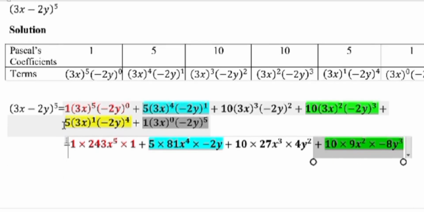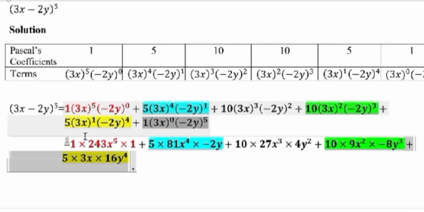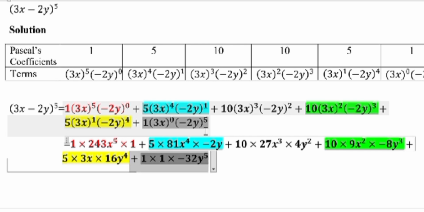And then this one will give us 5 times 3x, then negative 2 raised to power 4 will give us 16, then y raised to power 4, then plus 1 times negative 2 raised to power 5, y raised to power 5 giving us that.